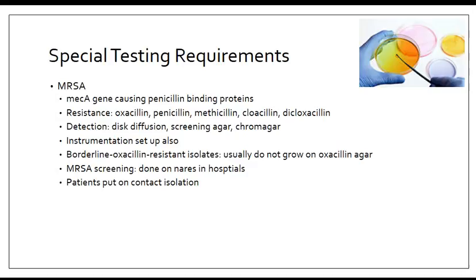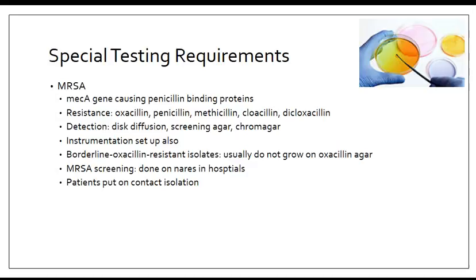So two methods are used to confirm MRSA. Borderline oxacillin-resistant isolates usually don't grow on the oxacillin agar, and you'll be able to tell by the instrument results if it's a borderline. MRSA screening is done on the nares, which is the nose, in most hospitals when the patient is going to be admitted.